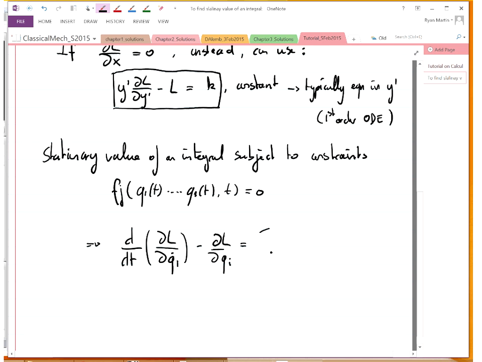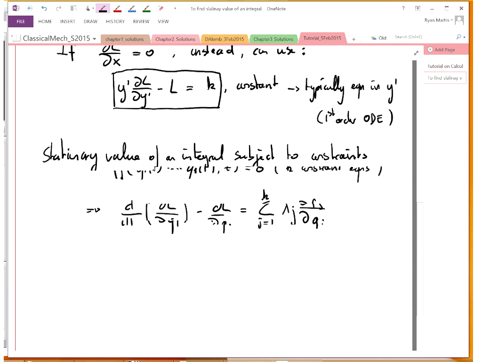And so instead of equaling 0, that's going to be the sum from j equals 1 to k, if there are k constraint equations, of lambda_j times partial f_j by partial q_i. Where the lambda_j are Lagrange multipliers.